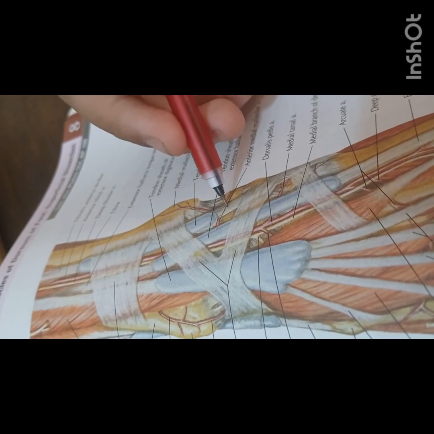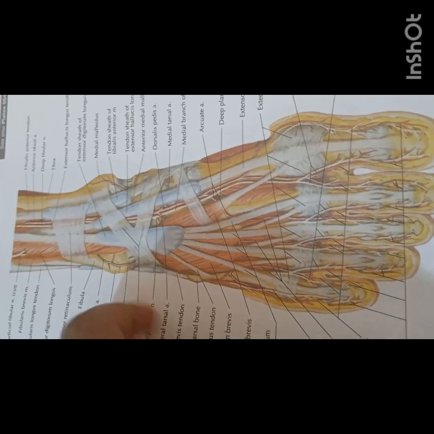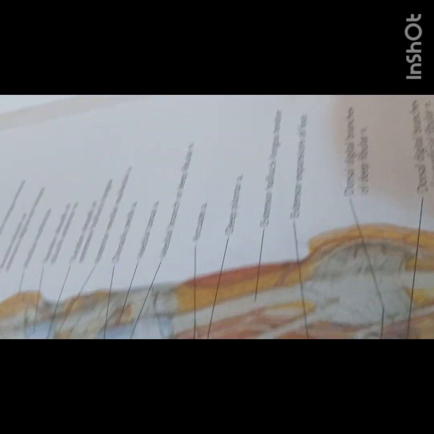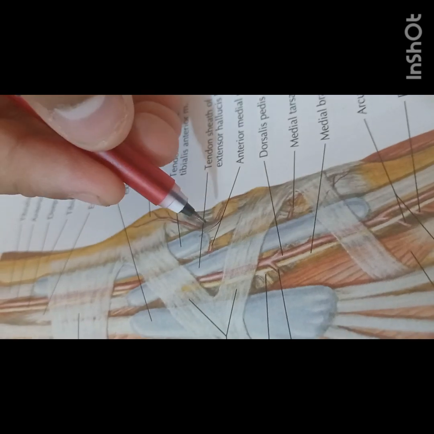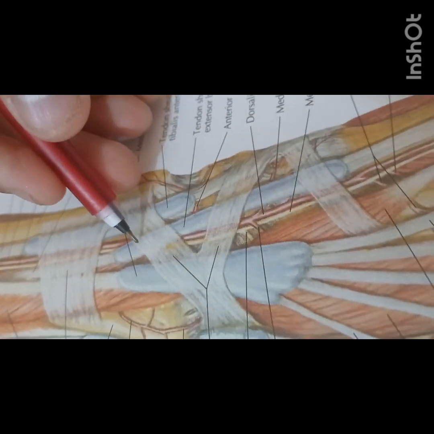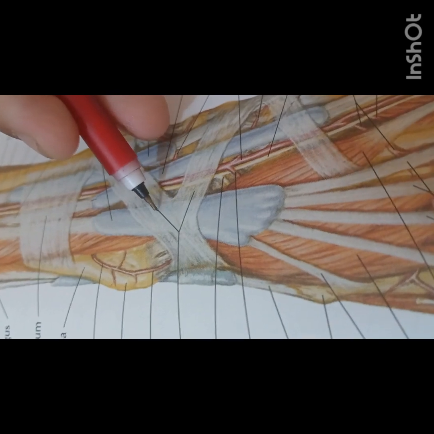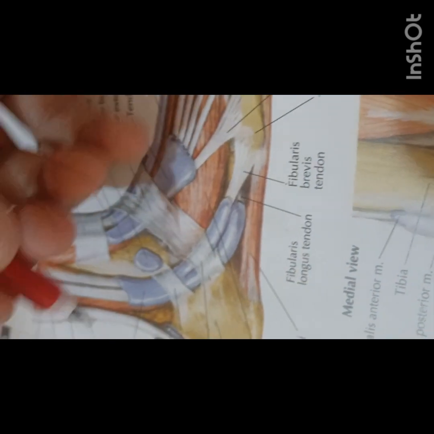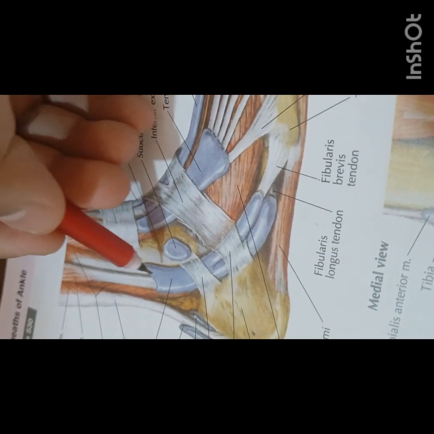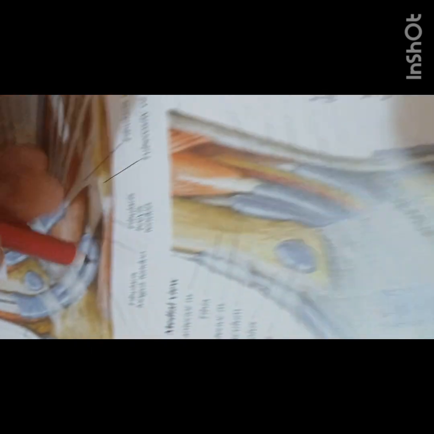It also shows the tibialis anterior. Look at here. This is the tibialis anterior. Okay, this is the extensor hallucis longus, extensor digitorum longus. Okay, look at here. This is the peroneus brevis and this is the peroneus longus.